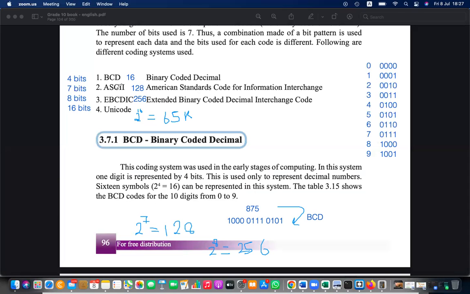Then what about EBCDIC? Can it represent numbers? Yes, EBCDIC can. ASCII can.